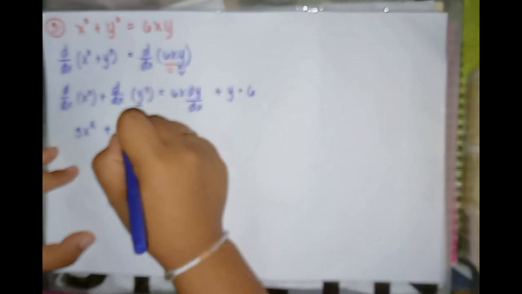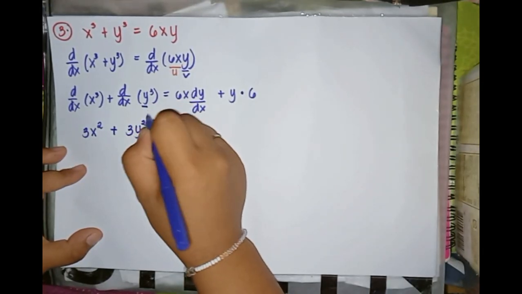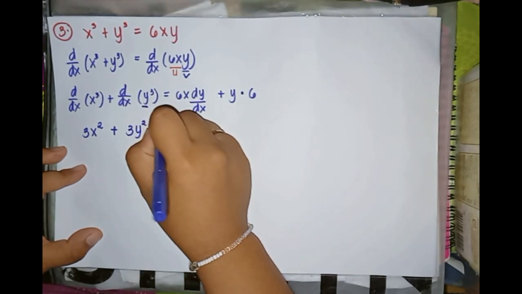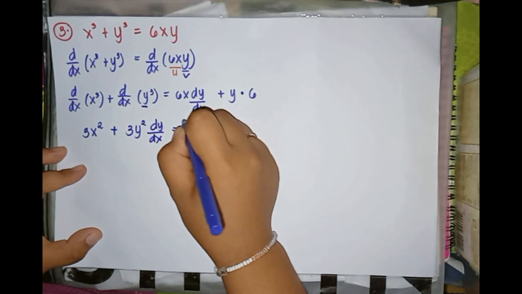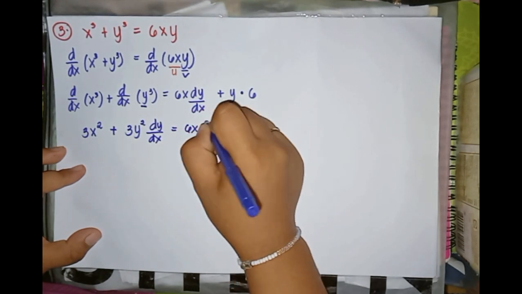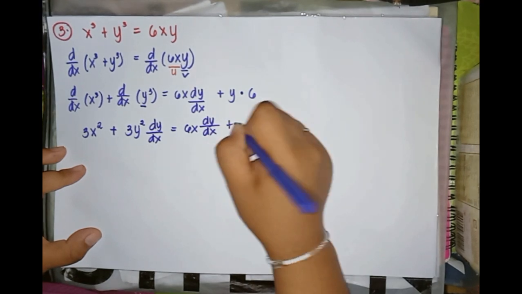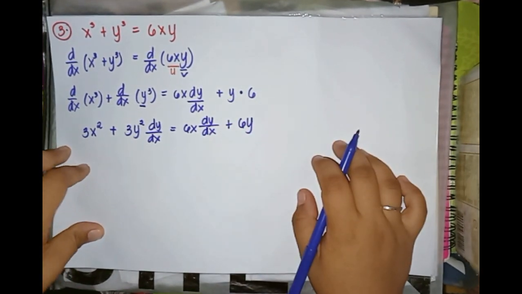So that would be plus 3y squared multiplied by the derivative of the inside function y. We have dy over dx is equal to 6x dy over dx, and y times 6 is just 6y.